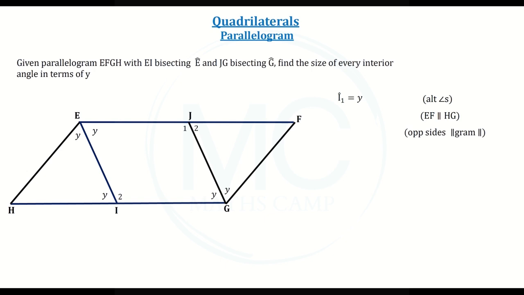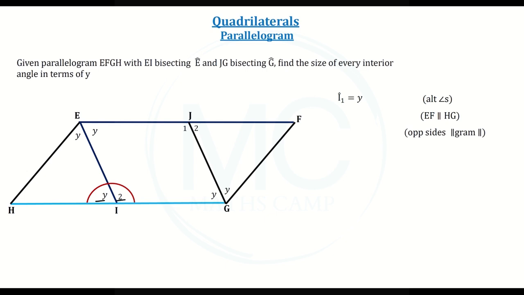Now HIG is a side of the parallelogram. It's a straight line. So let's make the side blue again. I sits on the straight line. So let's mark this whole angle in red. We know from our work with straight lines that the whole of angle I must be 180 degrees. Angle I is made up of angle I1, which we just found to be y, and angle I2.